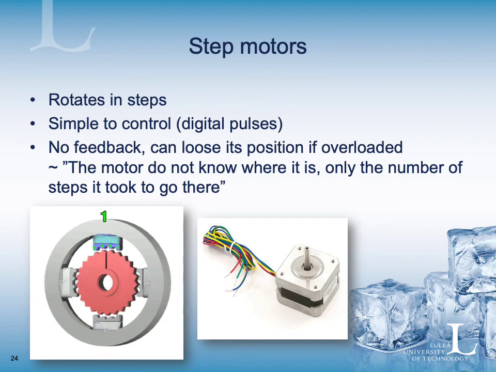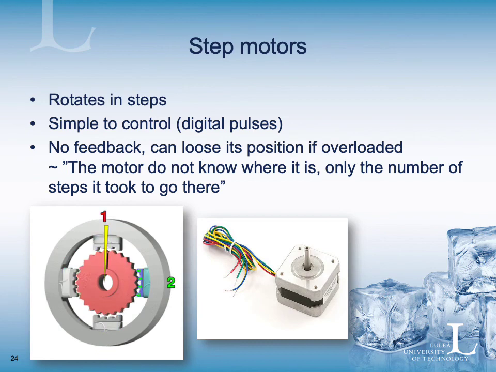However, there is no feedback in a step motor, and you can lose its position if overloaded. So you can think of it like the motor doesn't know where it is, but it only knows the number of steps it took to go there.